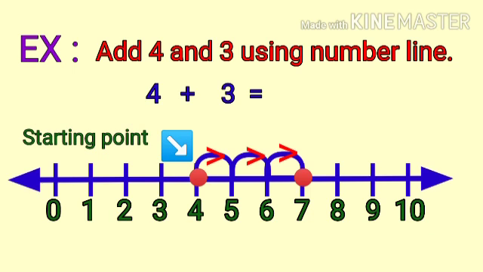The result of addition is called sum. So we should mark 7 as sum. Therefore, the result of addition is 7. That means 4 plus 3 is equal to 7.